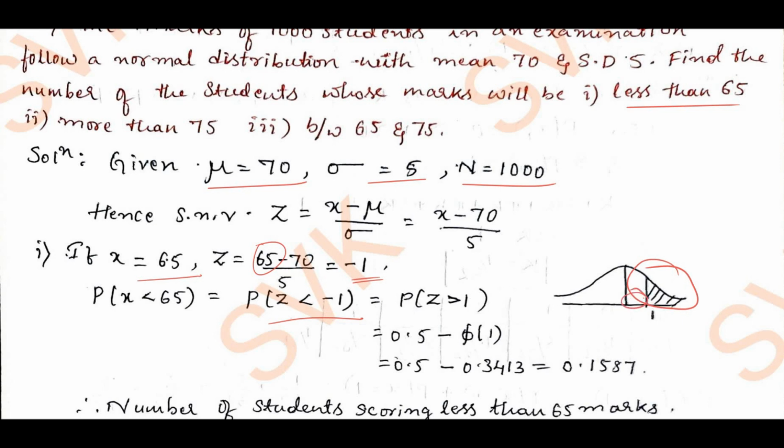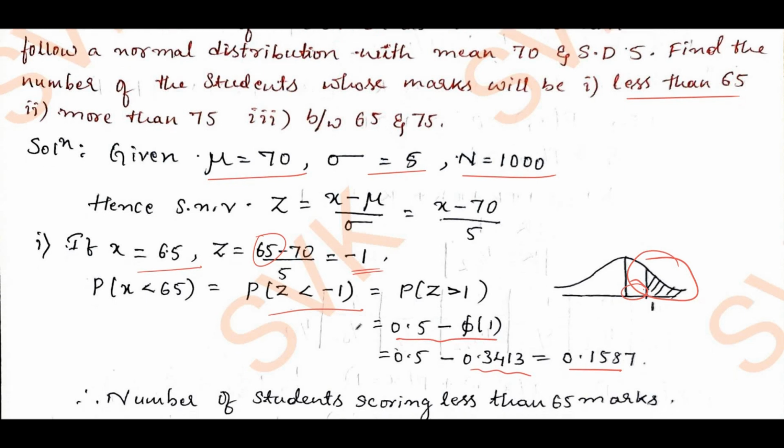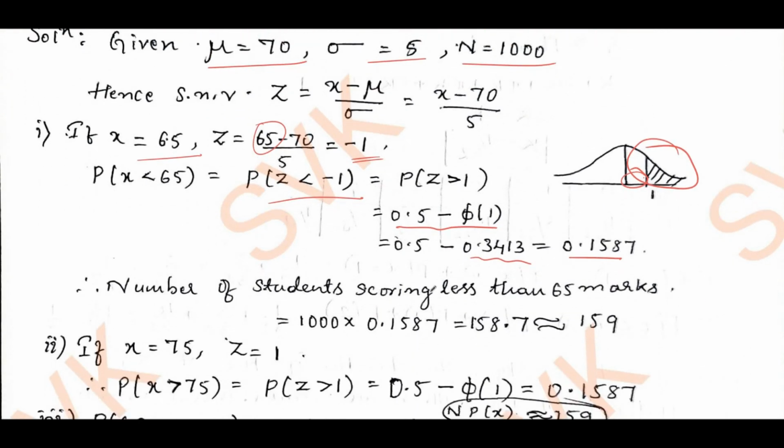Phi of 1 is given by 0.3413. Subtracting these two, we get the answer 0.1587. Therefore, the number of students scoring less than 65 marks is given by multiplying the number of students, that is 1000, into 0.1587. We get approximately 159.